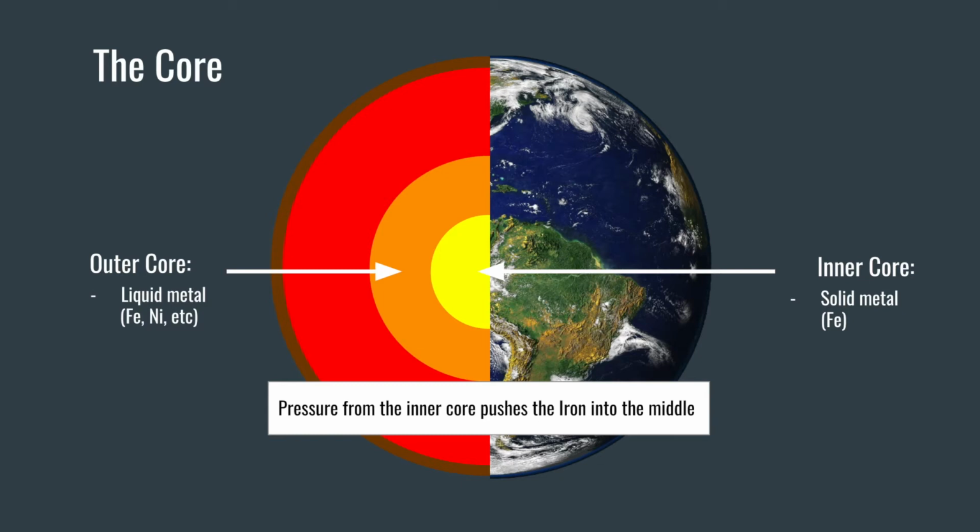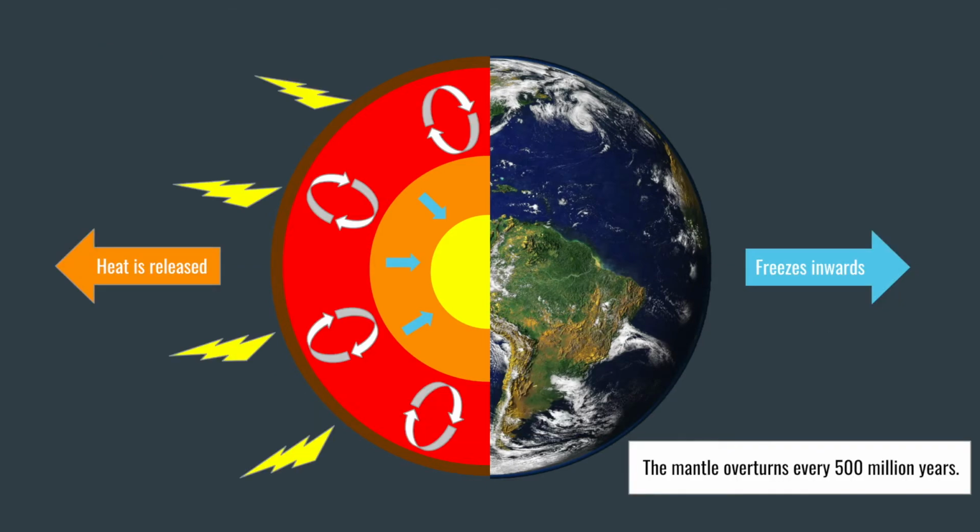And the iron gets there through the pressure of the inner core that's pushing all that iron from the liquid into its solid form. So the solid inner core is generated because the mantle, which is the first half of the core, is always overturning.